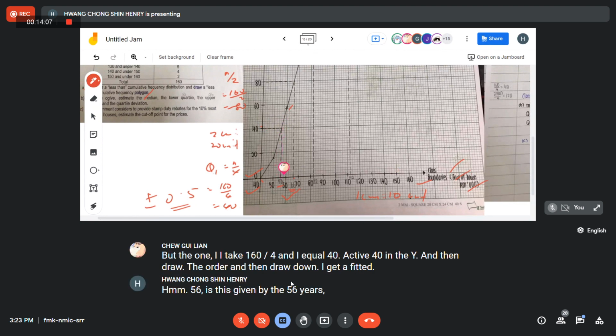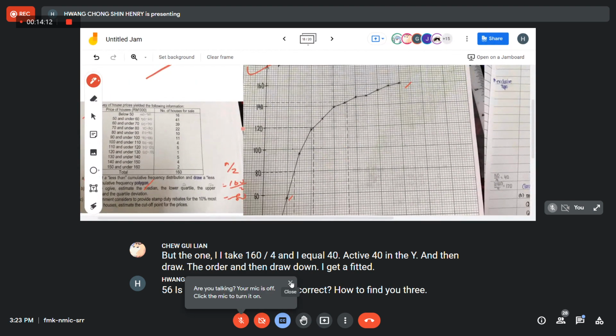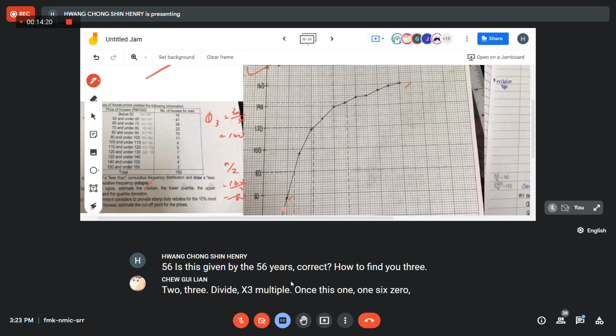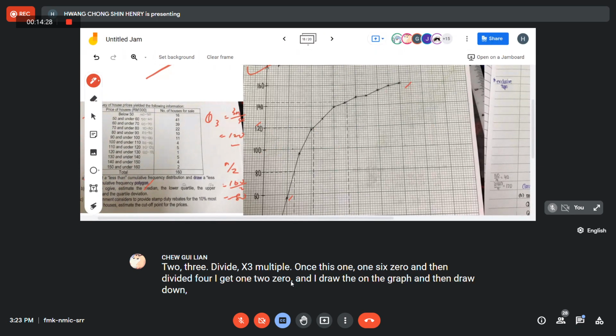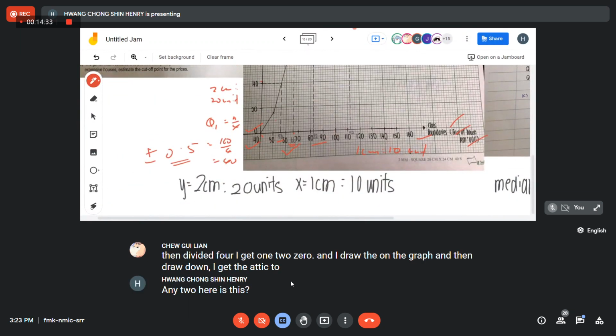Yes, correct. How to find Q3? Q3, I take 3 multiply 160 and then divide by 4. I get 120 and then I draw on the graph and then draw down. I get the 82. Yes, it's correct.